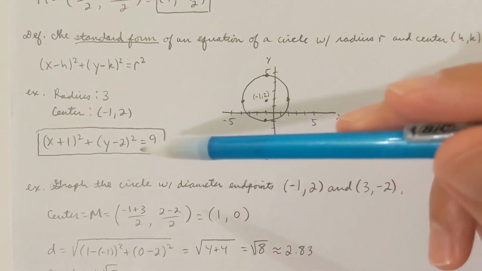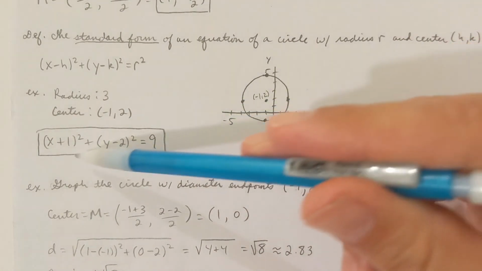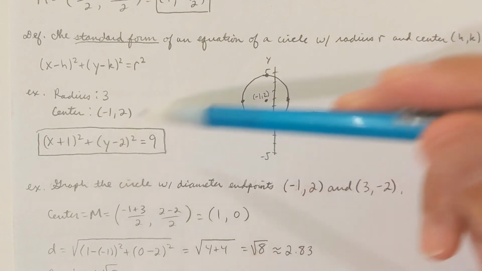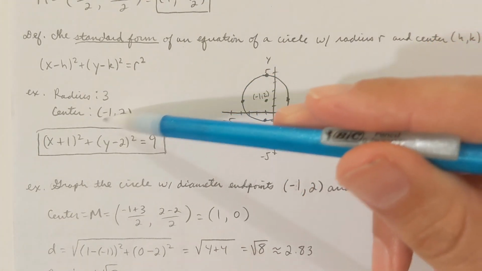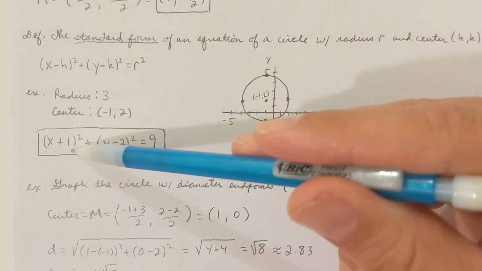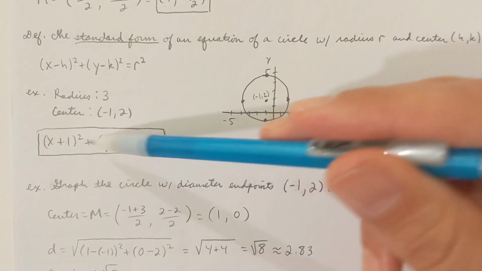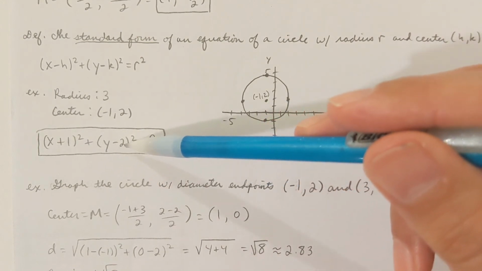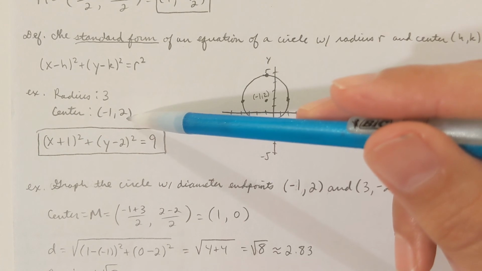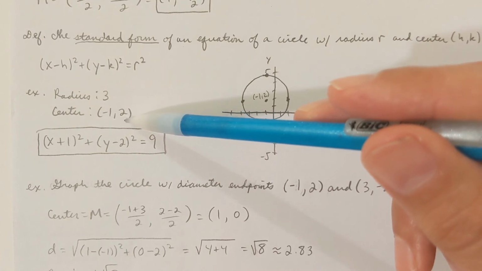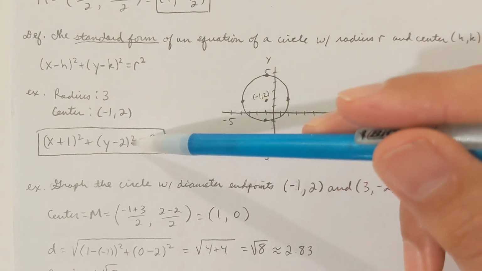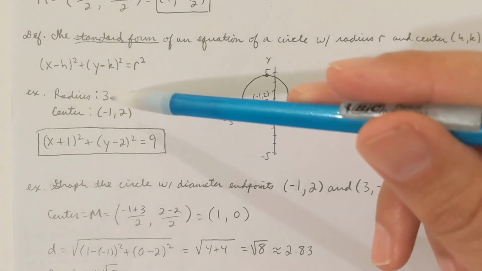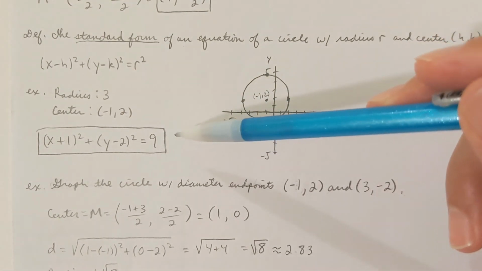But in the standard form, we want x minus h, h is negative 1, so x minus negative 1 is the same as x plus 1 squared, plus y minus k, k is 2, y minus 2 squared equals the radius squared, 3 squared is 9.